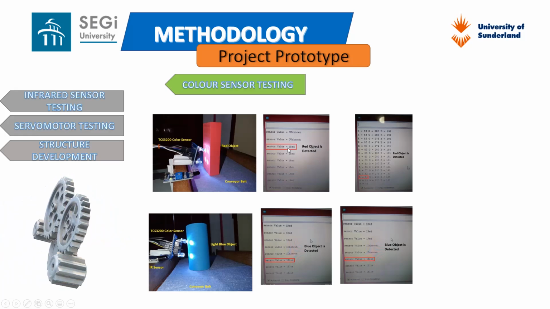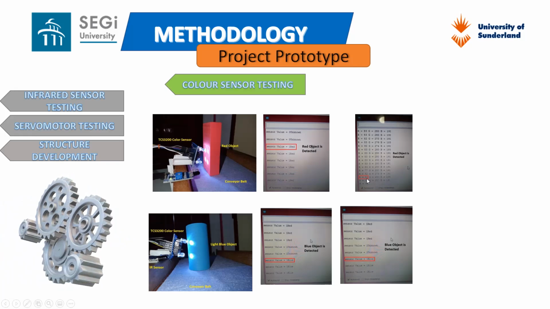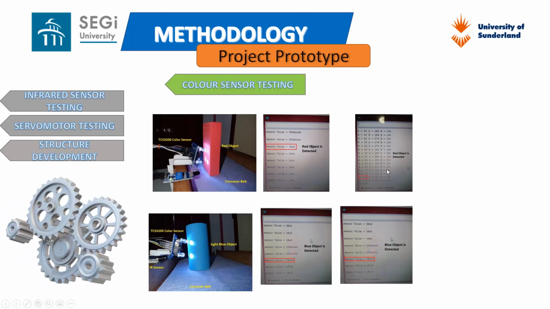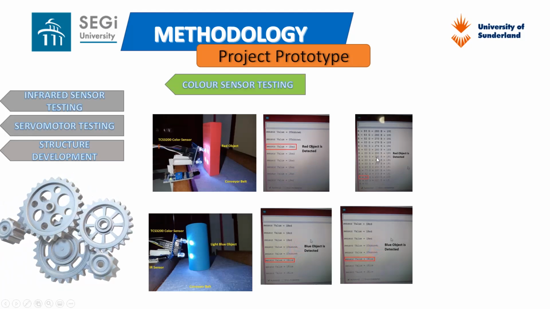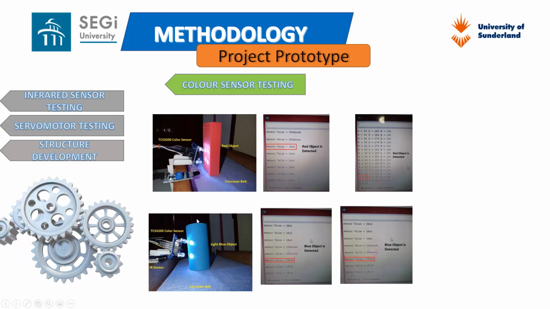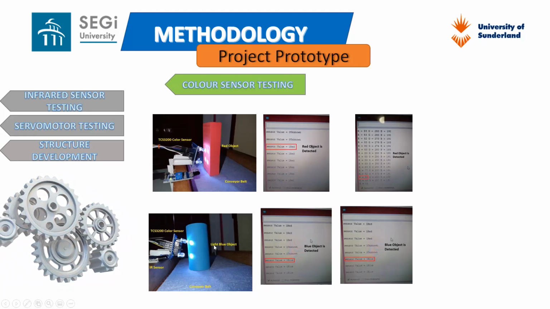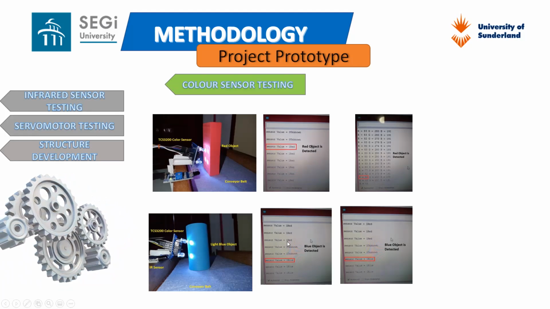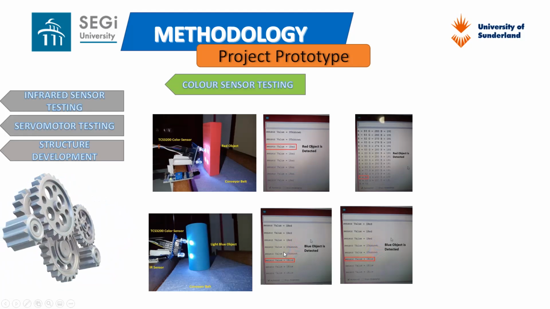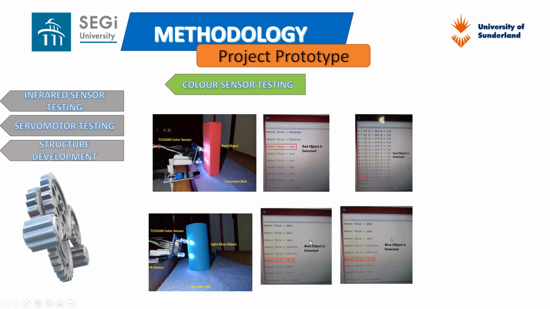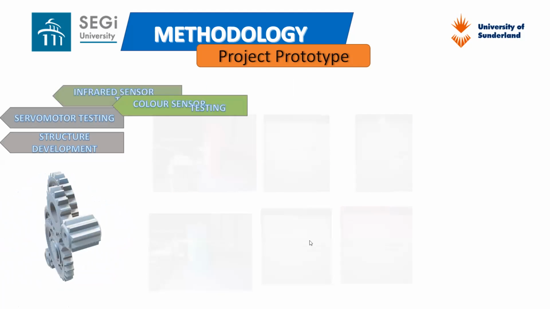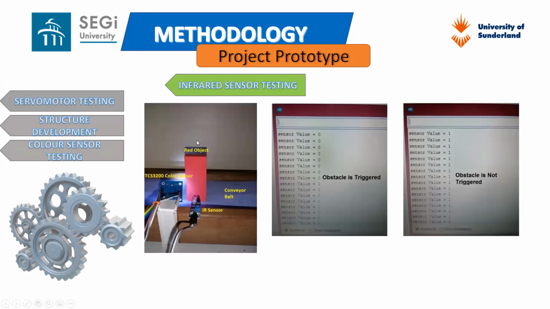The value one is red, and there is also other data showing that the red color is detected. Same with the others. This is the light blue, and it shows that a blue object is detected.